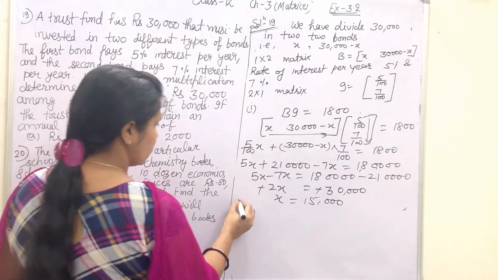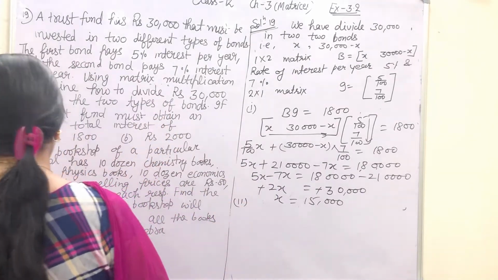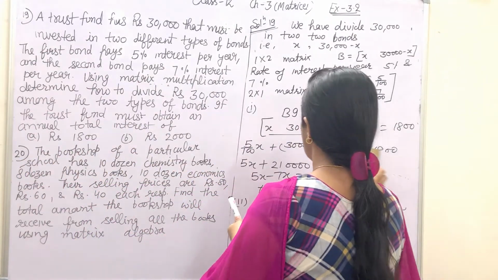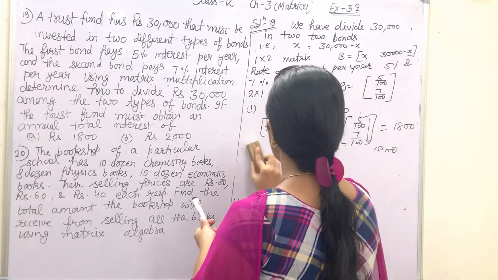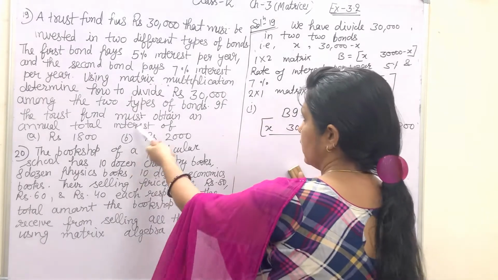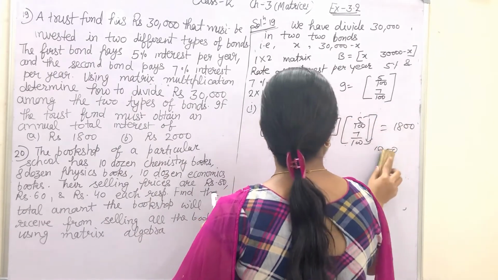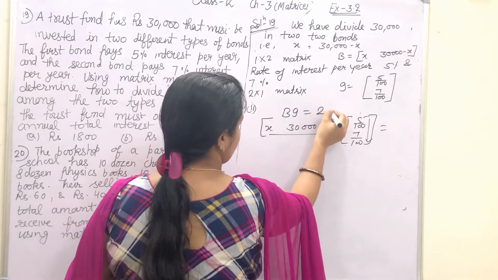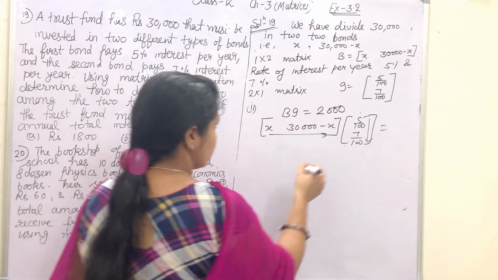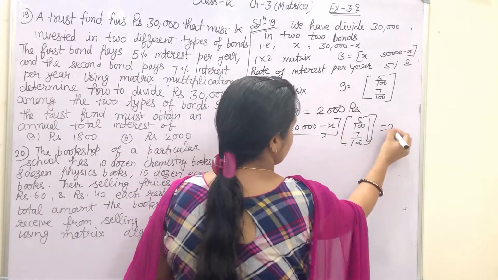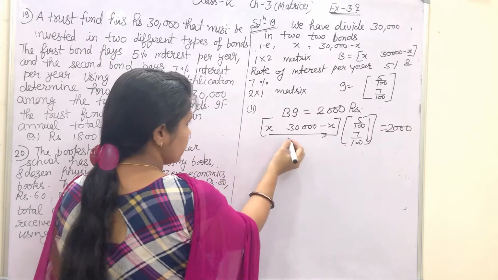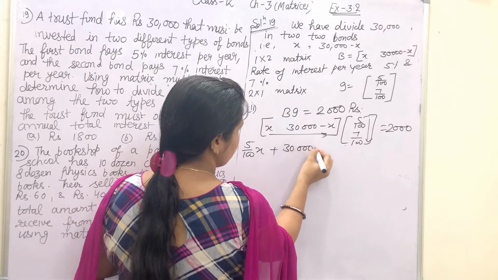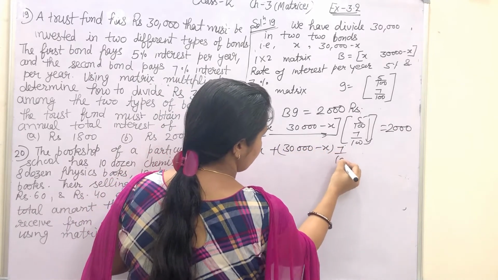Now second, we have given total interest 2,000. In the same way we put our interest as rupees 2,000. Let's see: 5 by 100 x plus (30,000 minus x) 7 by 100.